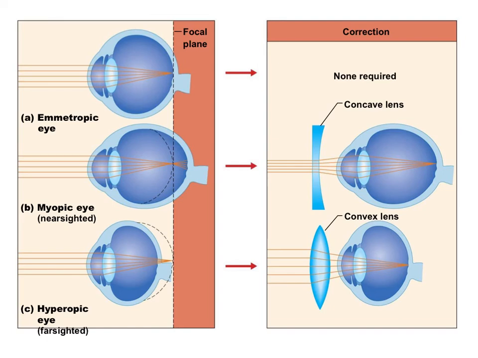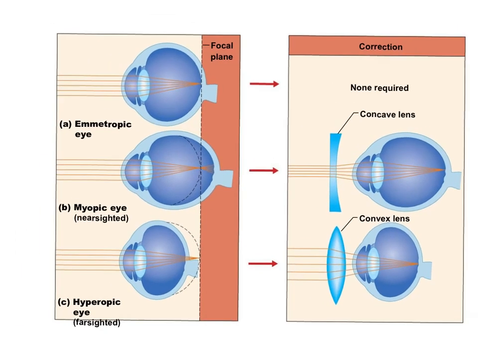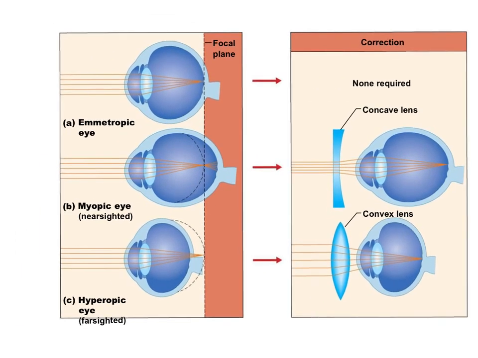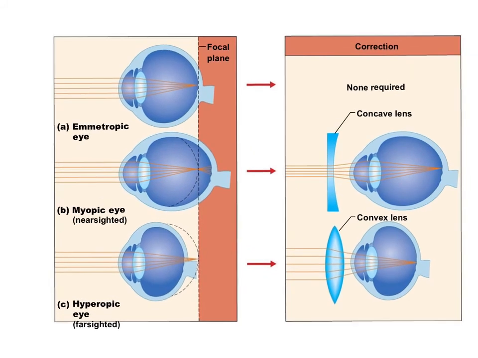And so finally, sometimes there's disruptions in how the image is focused in the eye itself. We have a couple of different things. This is what we call emmetropia, where the eye focuses images correctly.